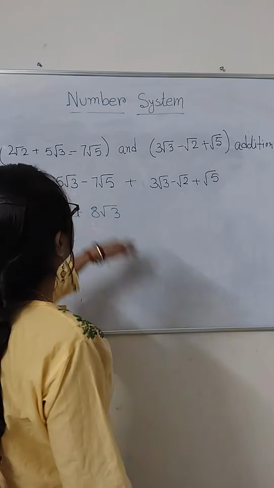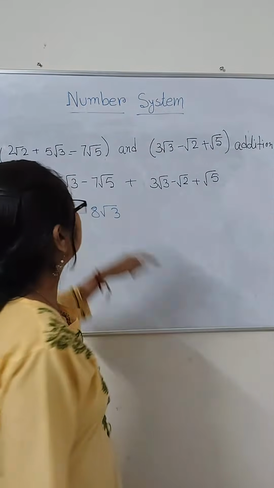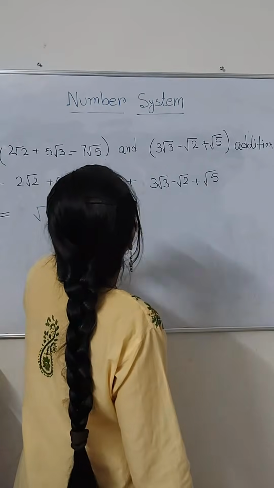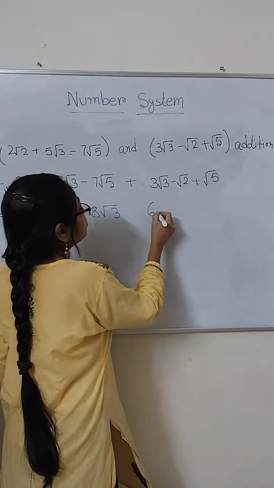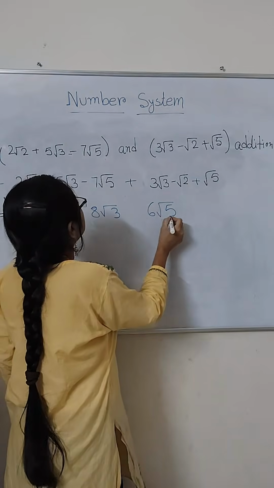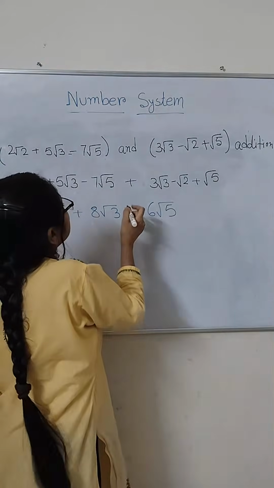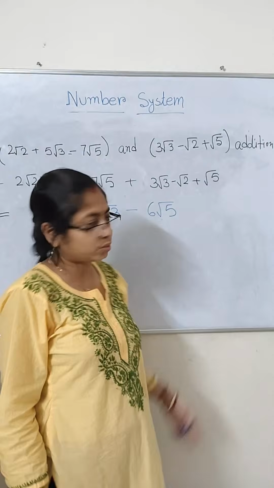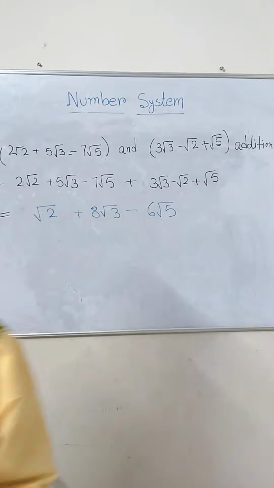Next I will check the root 5 part. 7 root 5 plus root 5, minus plus minus, 7 minus 1, 6 root 5. What's the answer? What's the sign we apply? Minus. Why is it minus? Because 7 is a bigger number. Please complete the math from the board.